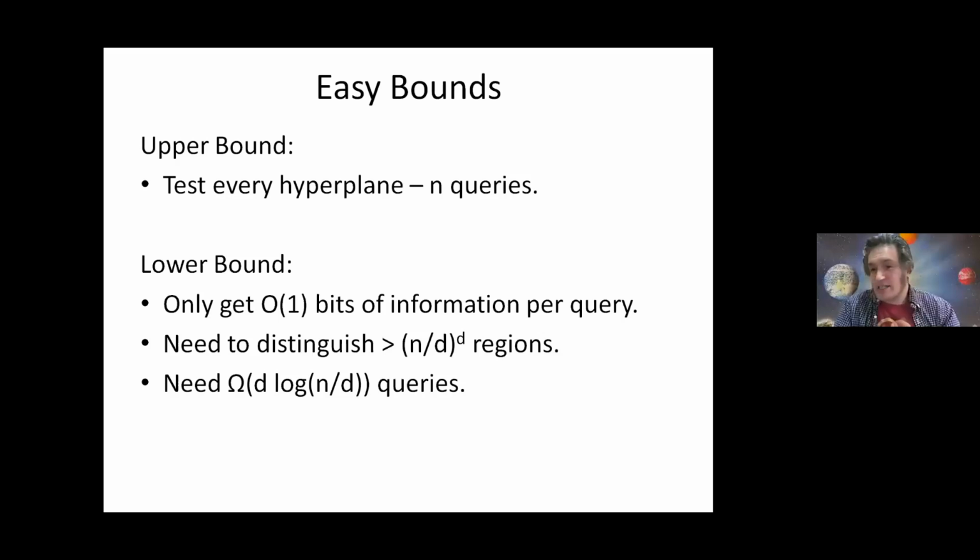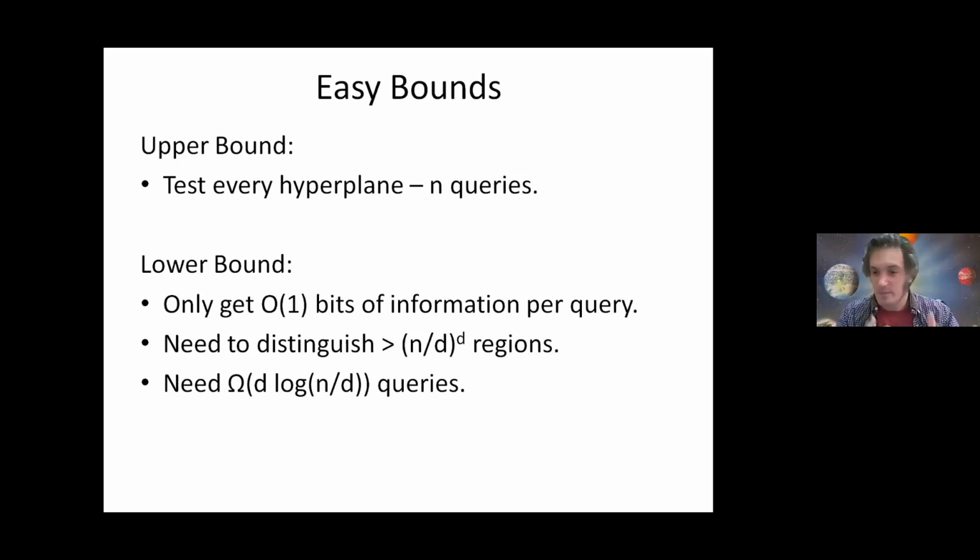Lower bounds are a little more difficult, but there's a pretty easy one coming from information theory. No matter what queries you make, whether they're in your pool or not, you can only get O(1) bits of information per query. The only answers you can get are: the dot product is positive, negative, or 0. On the other hand, you need to distinguish among a large number of possible regions.